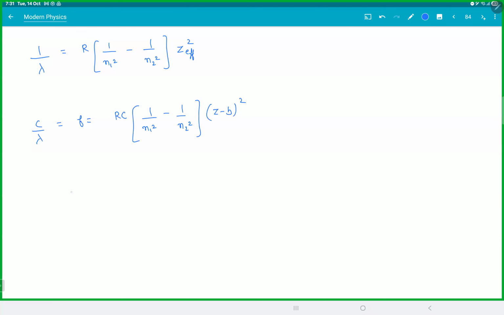If you put a root on both sides, you will get root frequency is equal to root over Rc into 1 by n1 square minus 1 by n2 square into z minus b. There. Now, if you look at the formula, this thing looks like Moseley's law. Root frequency is equal to a into z minus b.